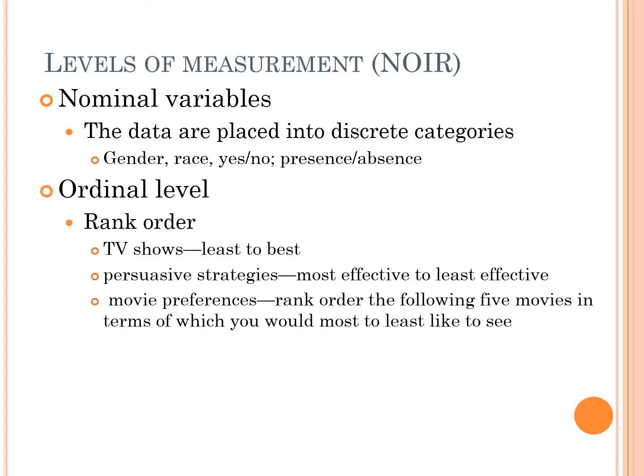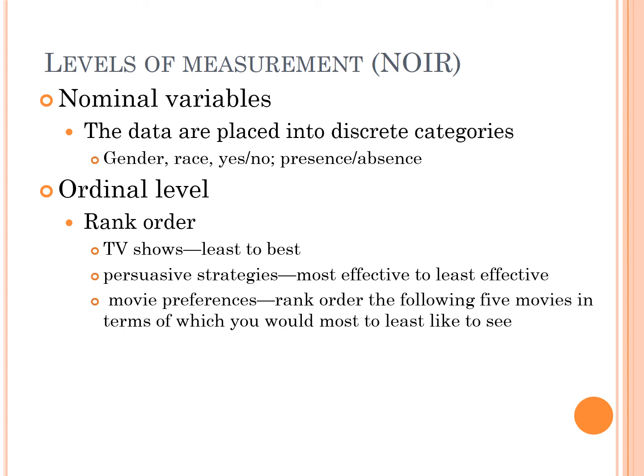Now, ordinal is rank order. This is where you rank something from best to least. So you may be given, say, a list of TV shows and rank these in terms of the ones you like the best versus those you like the least. Or here are some persuasive strategies that you could use. Which ones do you think would be the most effective? Rank order them down to which ones you think might be the least effective. Or movie preferences.